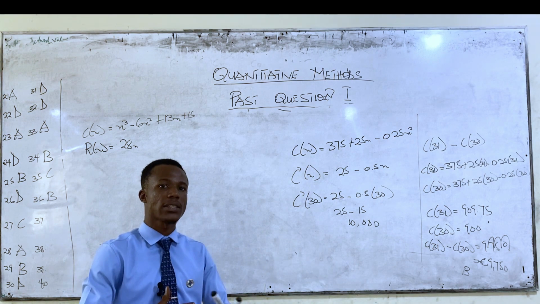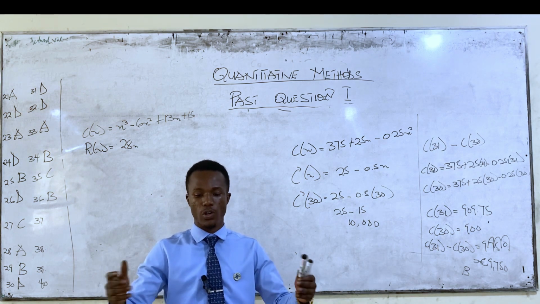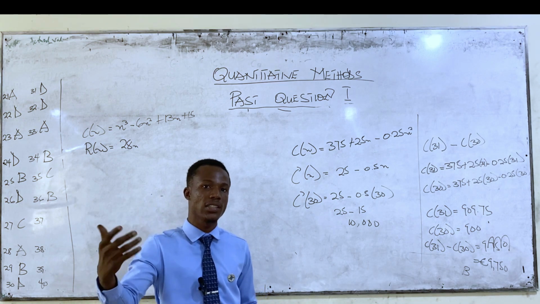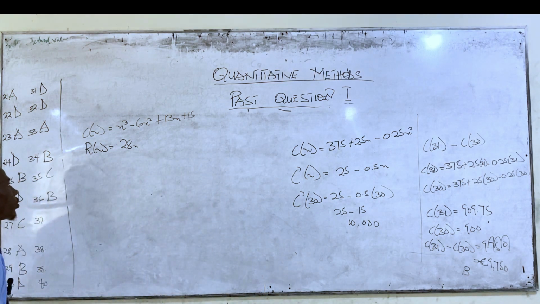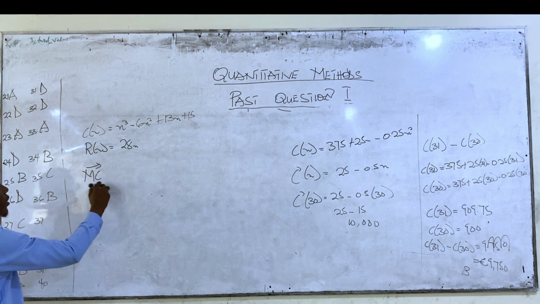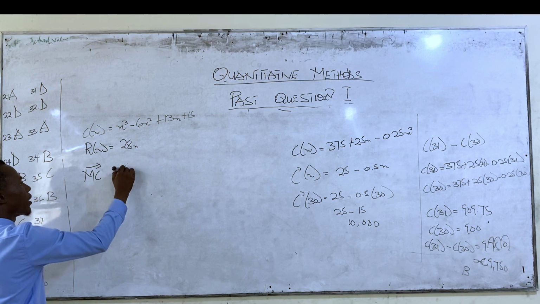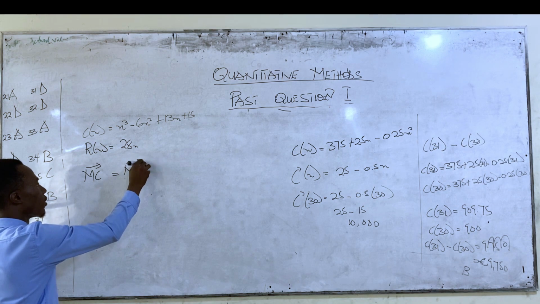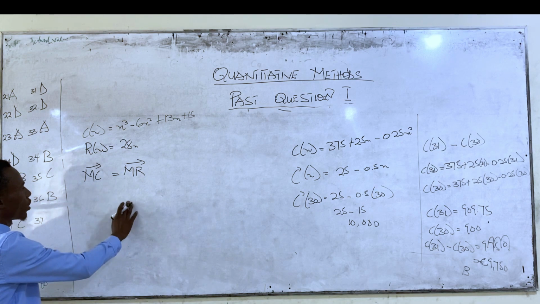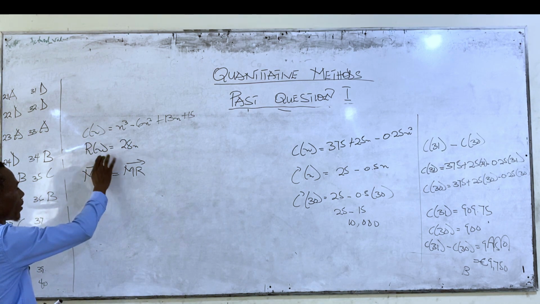The firm maximizes profit when marginal cost is equal to marginal revenue. That is the state where you maximize profits.